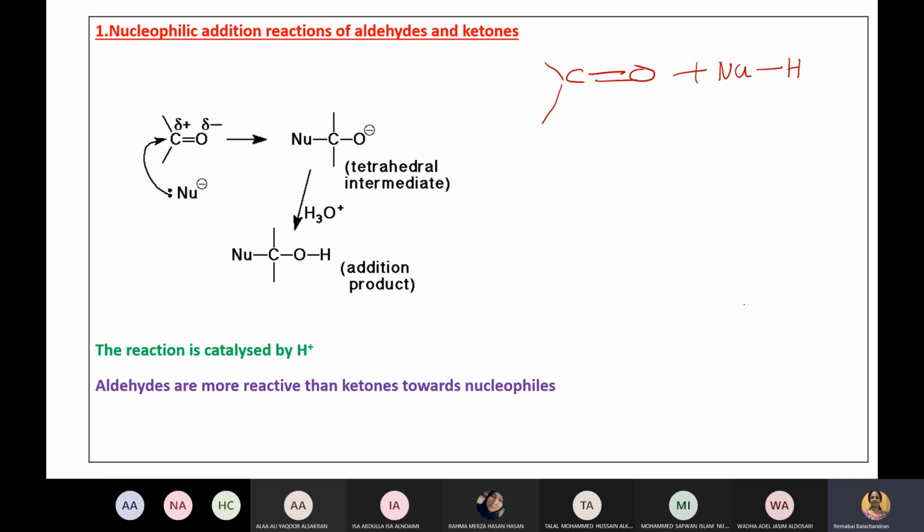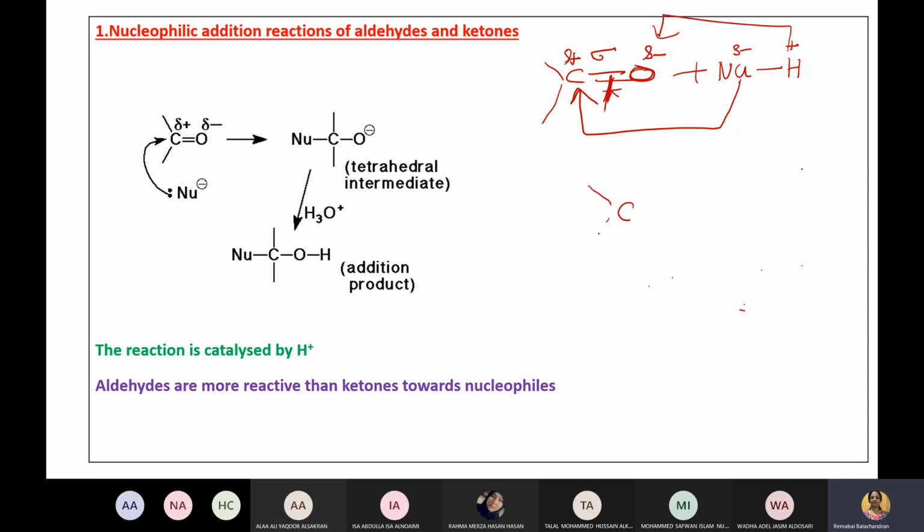So here in the case of aldehydes and ketones, that's a specialty I told you. It has a sigma bond and a pi bond. This pi bond can be broken down. Before that, this has a slight negative charge and this has a slight positive charge, a small negative, small positive, polar. And nucleophiles are electron-rich species, so they are negative. We break this bond, and this positive will take this negative.